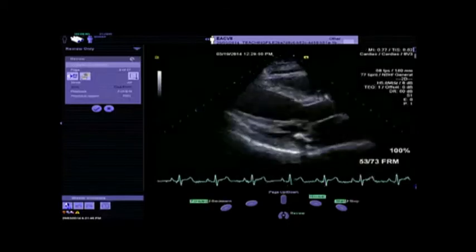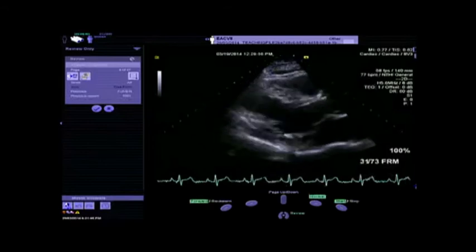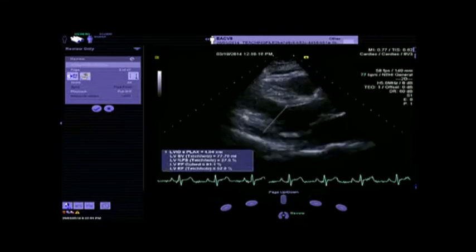Let me see. Yes, I have this image. So I will just measure the left ventricular end diastolic and end systolic diameter. And you have here the measurement of the left ventricular end diastolic diameter. And here you have the measurement of the left ventricular end systolic diameter.